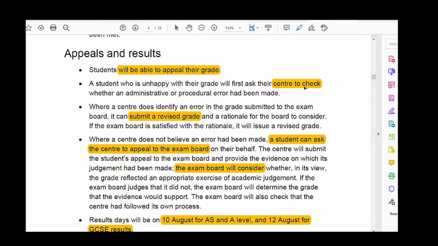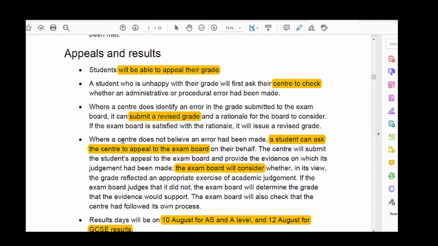This could be something like you copied your student number wrong on your paper, and instead you've been given somebody else's grade, or you've not been given a grade at all, or your papers got mixed up with somebody else's. Okay, if this is the case, then the exam centre can basically correct this and submit a revised grade to the exam board.